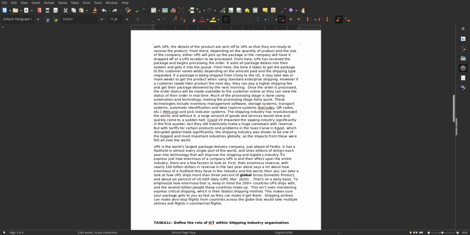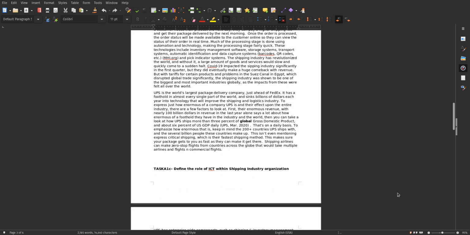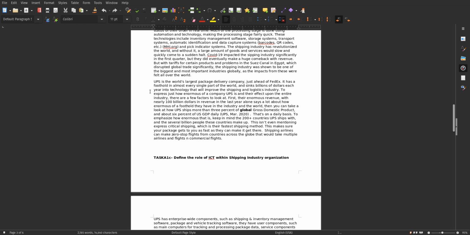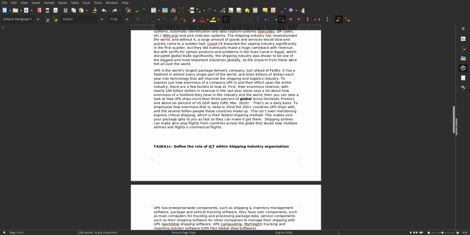COVID-19 impacted the shipping industry so significantly during the first quarter, but they did eventually make a huge comeback with revenue. But with tariffs for certain products and problems in the Suez Canal in Egypt, which disrupted global trade significantly for a couple weeks, these impacts are still being felt to some degree today.